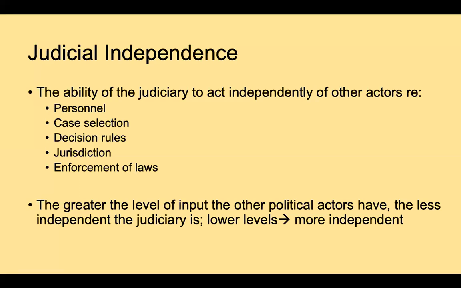By contrast, the lower the level of input the other institutions have, the more independent the court is. And so personnel is going to relate to questions about who justices are, who the members of the courts are at different levels.